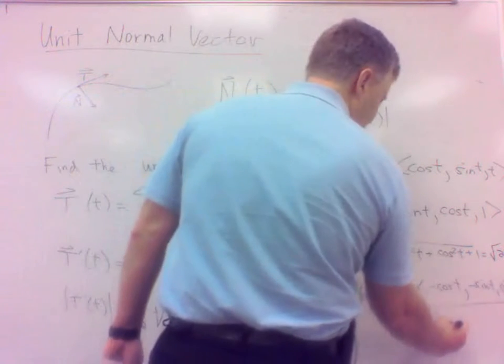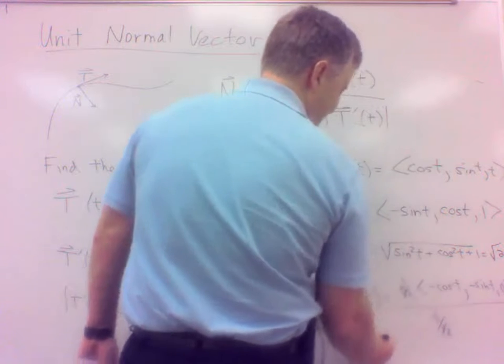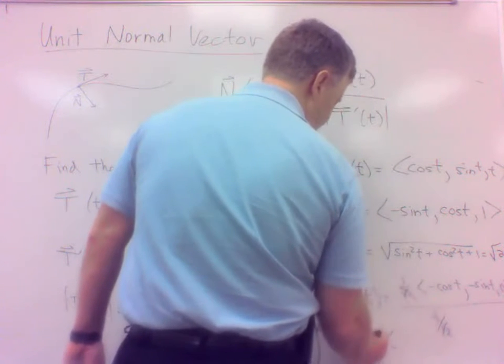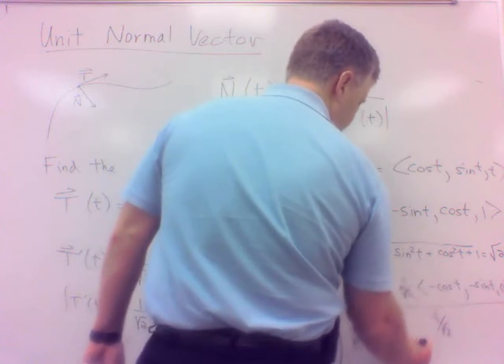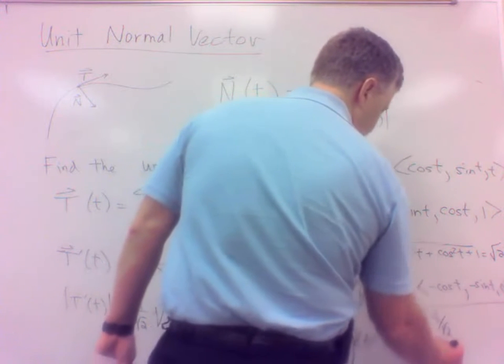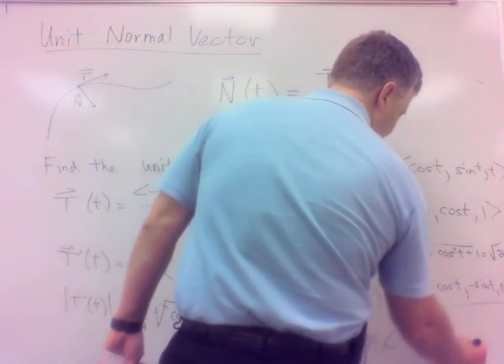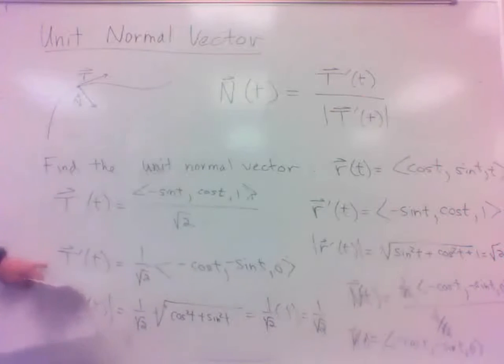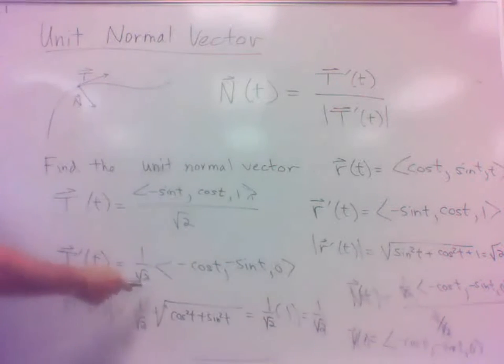Hey, how about that? So it turns out that was already 1 unit long. Well, actually, it's not quite the derivative vector, is it? Because it doesn't have the 1 over square root of 2.